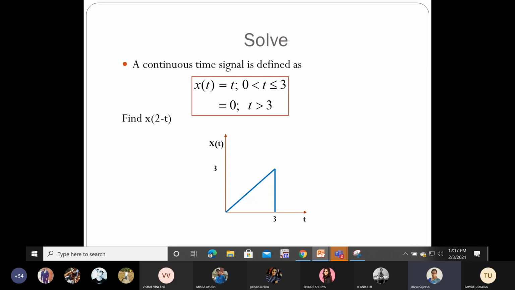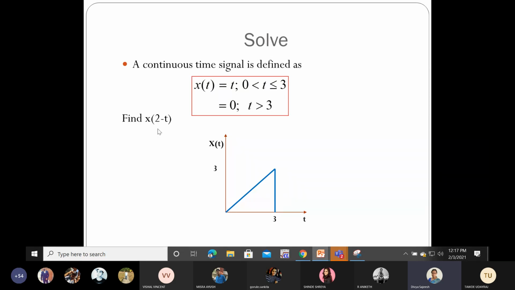In that the ramp slope is t, and for t greater than 3 it is 0. So this is the signal. From the definition I can draw the signal like this, the same one which we have used in the earlier example. So magnitude will be 3 and on the time axis also it will be 3.